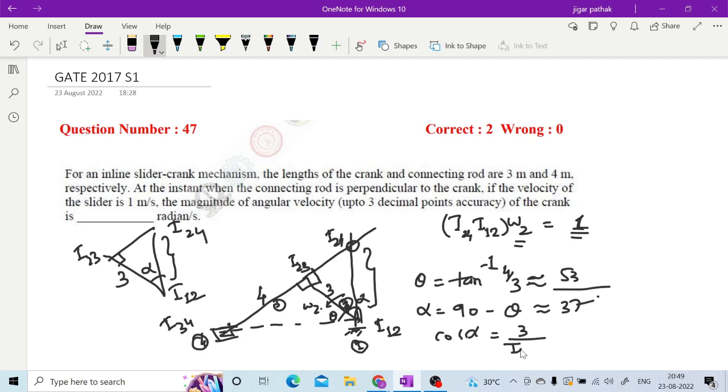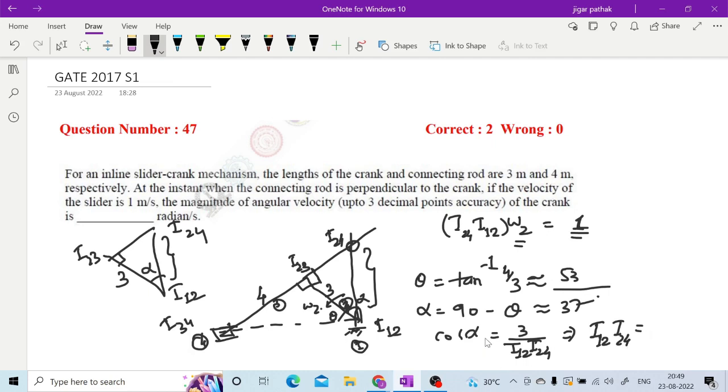I12 I24, correct? Are you getting now? So from this, cos alpha is equal to 3 upon I12 I24, you will find the distance I12 I24. So what is this distance?